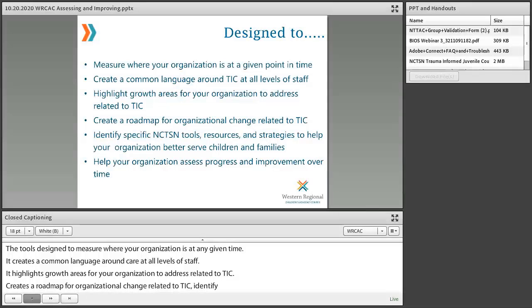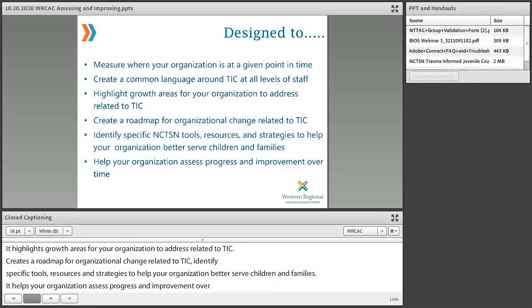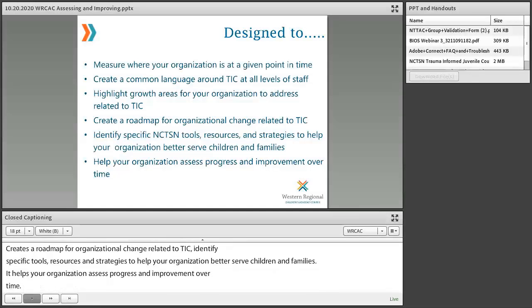And it also will highlight areas of growth for your organization, as well as creating a roadmap to organizational change. And for us, this is important, identifying specific NCTSN tools that might help us reach some of our goals based upon the results of our assessment. Because we are an NCTSN partner, we have a lot of great support and access to those resources, but you don't have to be an NCTSN partner to use all their stuff.